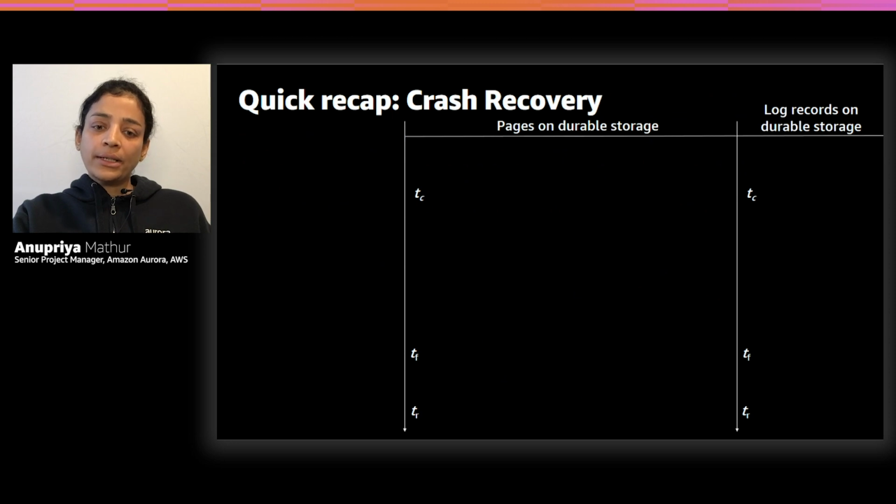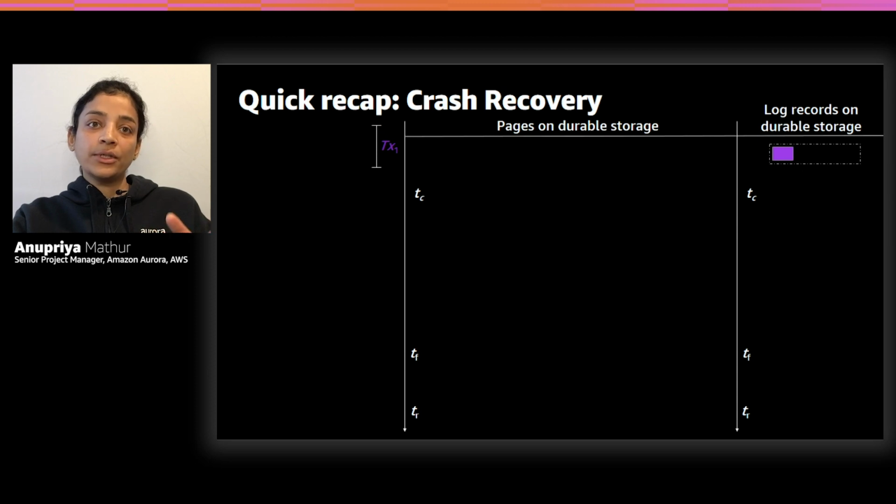So now let's look at how these log records and checkpointing help in crash recovery if a crash happens on a database. Here we have two columns. The first one is for pages on durable storage as they get written down at checkpoints. And then we have log records that are also stored on durable storage. And then we have some timestamps, and time moves forward from top to bottom.